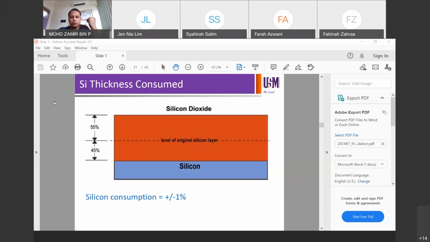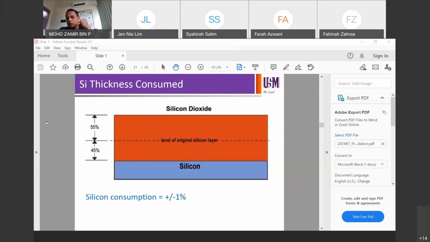So you have the level of original silicon, as illustrated there. That's the original surface of your silicon. But as the process goes on, the oxide consumes some of your silicon, so it actually grows into the silicon to be able to grow the final oxide. So the final oxide is partly the original silicon. So it's 55-45.